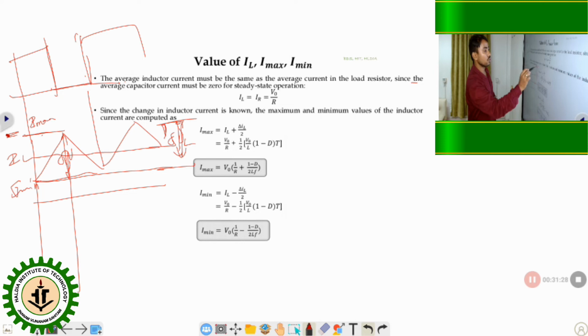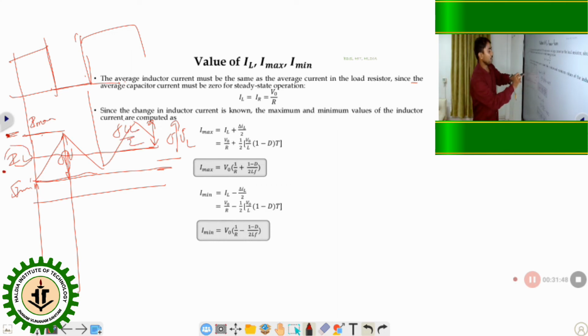If I add IL, the load current, plus del IL by 2, we can get I max, the maximum current. What will be the maximum current of the inductor? Got it? And then we can also calculate the I minimum inductor current.